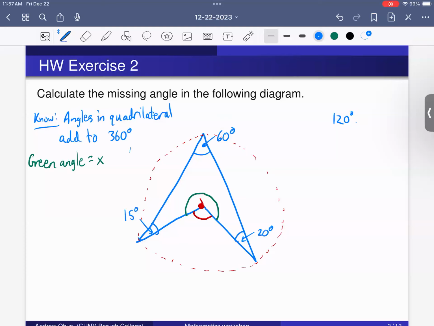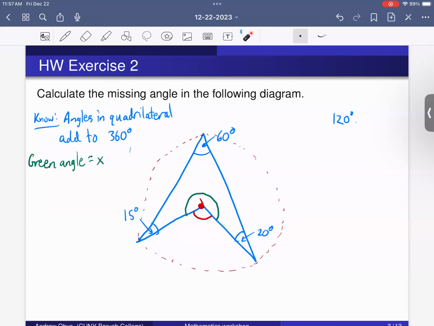The remote angle is equal to the sum of the 60 degrees plus the 20 degrees. I can draw an imaginary line going upward, which forms another angle there. The two angles there, the 60 and the 20, make the red angle the remote angle. So that'll be 80 degrees.